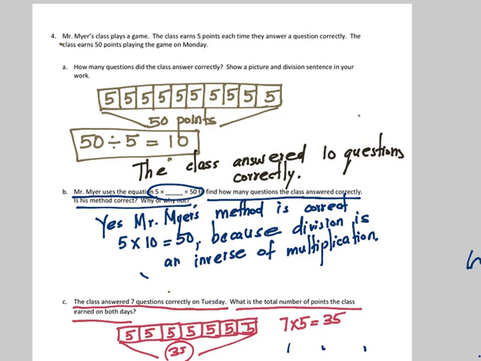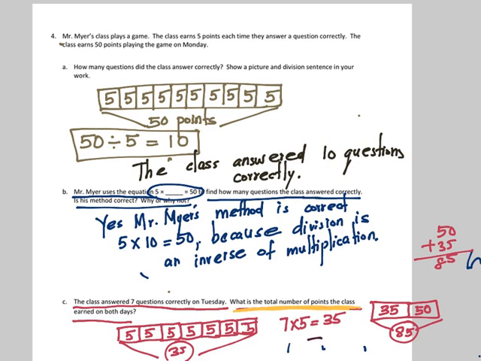What we have to do is, the new points is 35. The old points is 50. So when we add it, we get 50 plus 35, which is 85. So the question they have asked is the total number of points the class earned on both days.